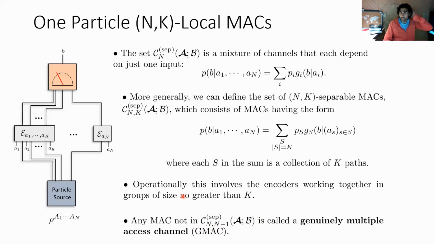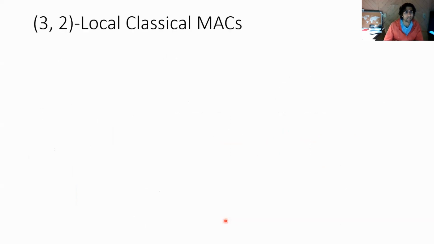And the idea there is that you can't take a density matrix and decompose it into a convex combination of biseparable states. So this is the analog to that in terms of multiple axis channels. You're not able to decompose it into channels that depend on less than n inputs. All right. So this is what we're interested in looking at, or is this class here.